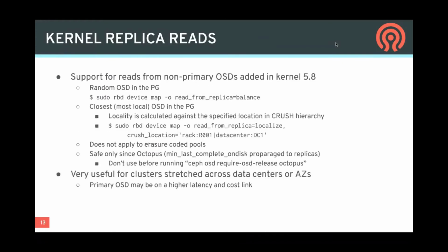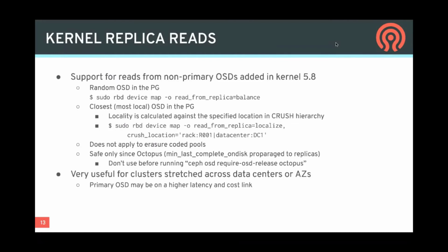Then there is support for replica reads that landed in kernel 5.8. This can be a random OSD in the PG, or much more usefully, the OSD that is closest to the client. The closeness is determined by the specified crush location.